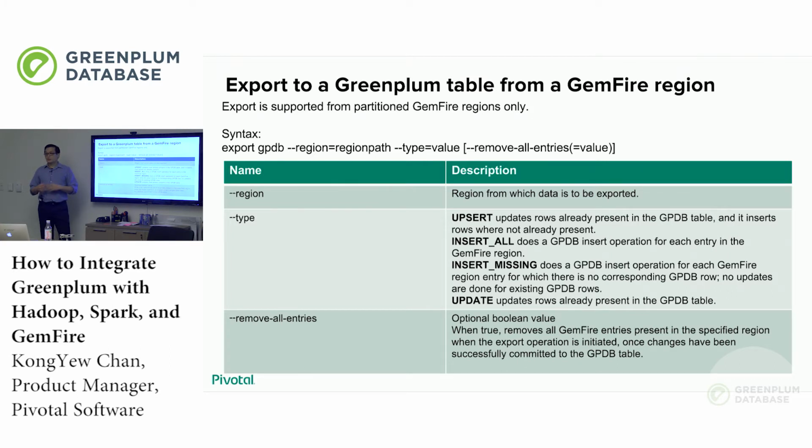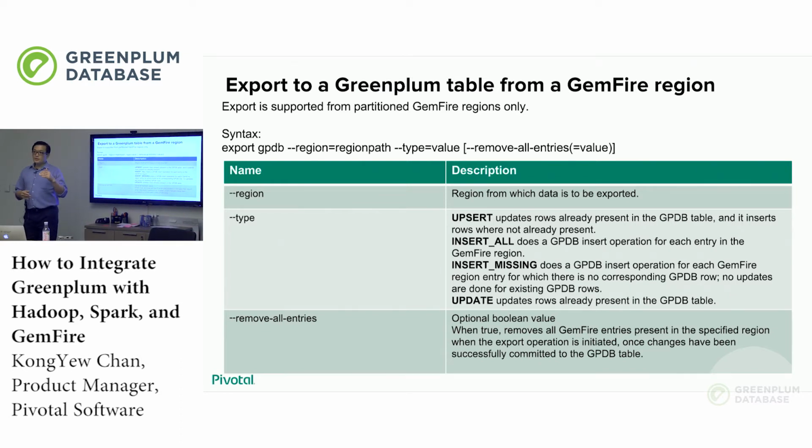Insert all, where we don't check whether the data exists or not. We just insert the data immediately into Greenplum, assuming there's no collision. Insert missing means that we insert only the rows that don't exist within the Greenplum table. And update means that we update the rows that have changes.